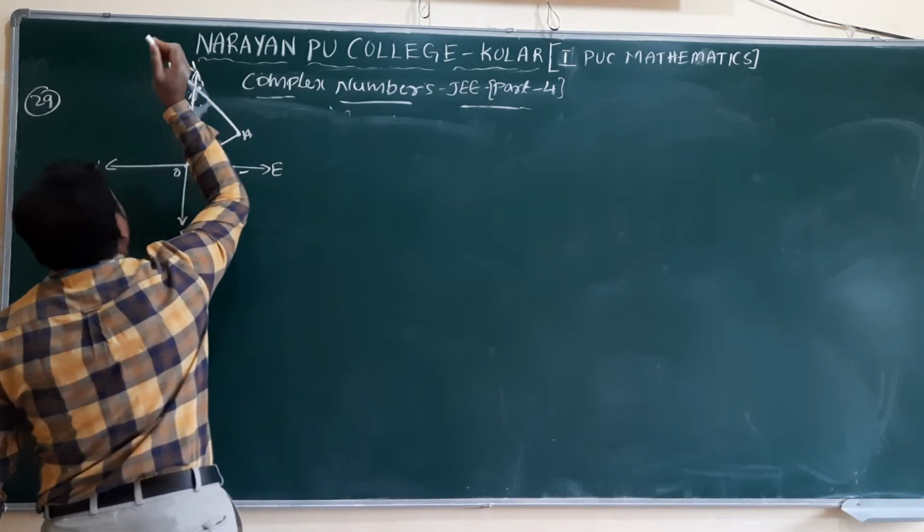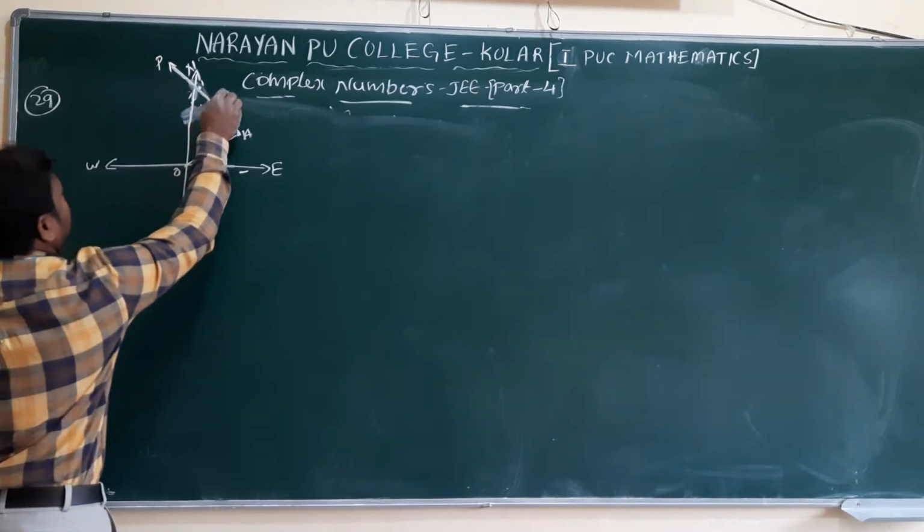So we take the point P, and the distance is 4 units.